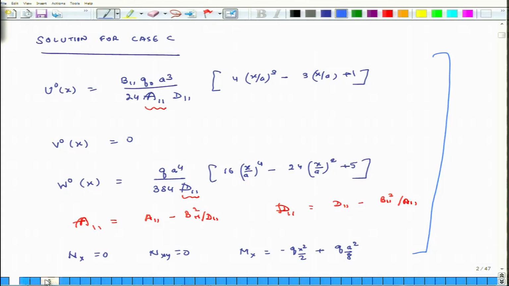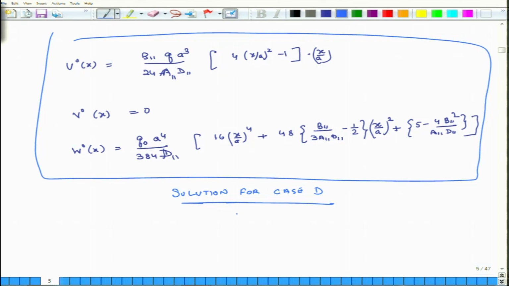But in this case, the solution for u depends on w, solution for w depends on u, and so on and so forth. And for this reason, case C and case D have significantly different solutions. So, this is one important thing which we can take away from this, that in situations where out of plane and in plane problems are decoupled, if the out of plane problem's boundary conditions are same, then the solution will be same.